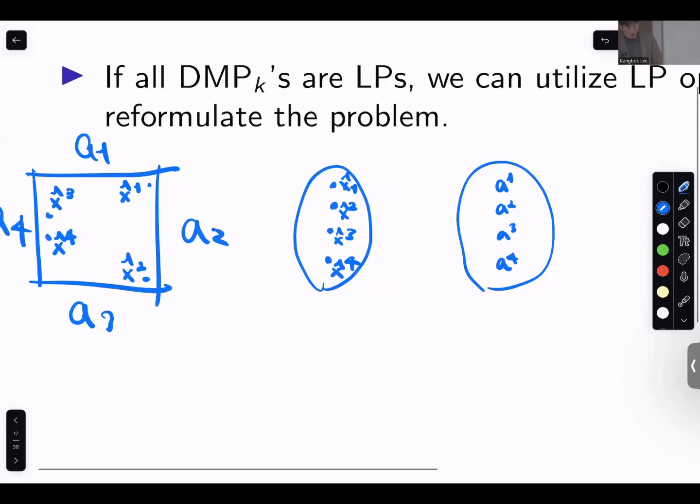Now all of a sudden, this clustering problem is equivalent to covering: if this is set A and this is set B, covering set A, covering the data points with how many, L components of B.